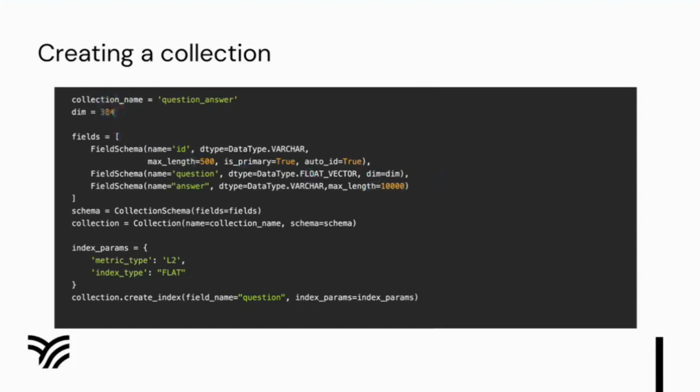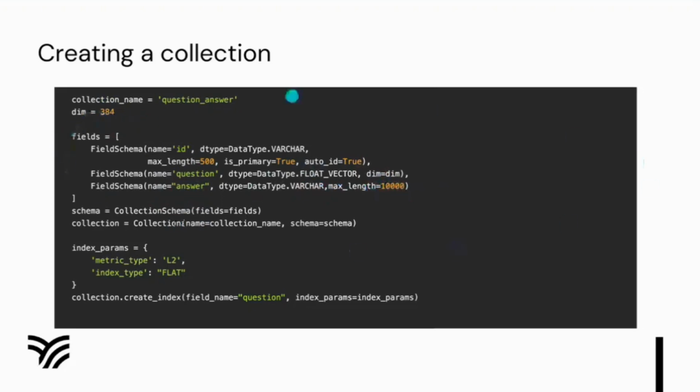But if we work with audio data or image data, there would be dimension numbers greater than 1000 or 2000. And the third field is the answer. The answer is a normal varchar field with a maximum length of 10,000.